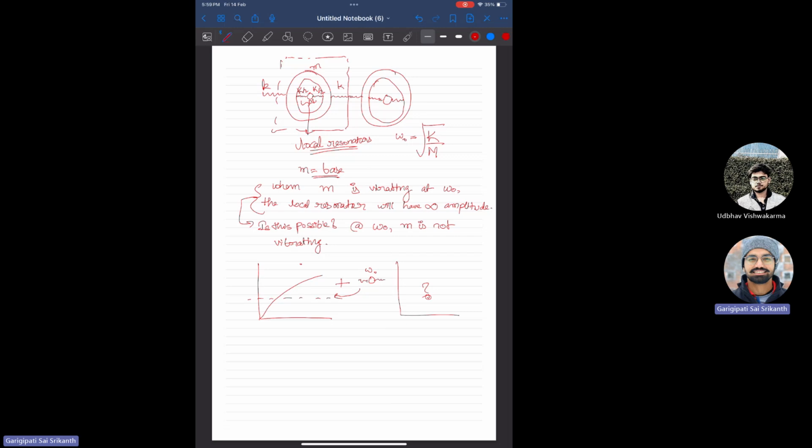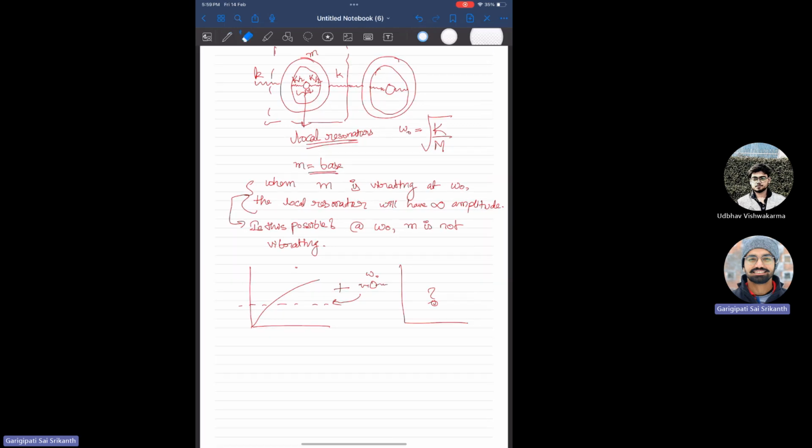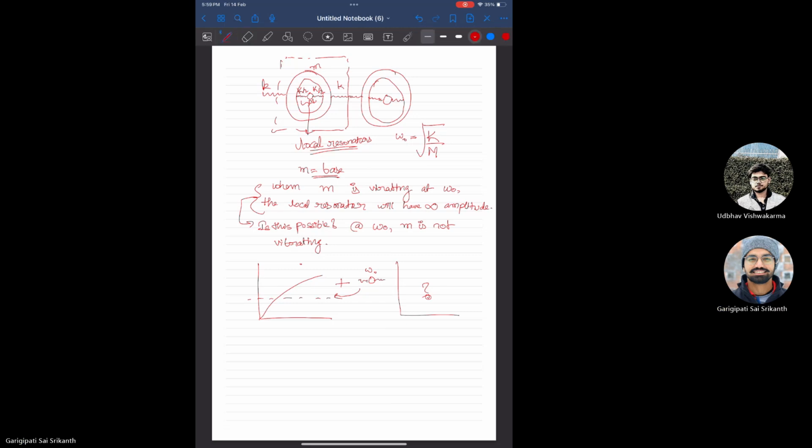That means local resonator based systems are 2 degree of freedom systems, just like a dimer. So we expect that since it's a 2 degrees of freedom system, there will be at least one band gap in between and one cutoff frequency, just like the dimer. However, we'll see that this is going to be fundamentally very different from the dimer case.